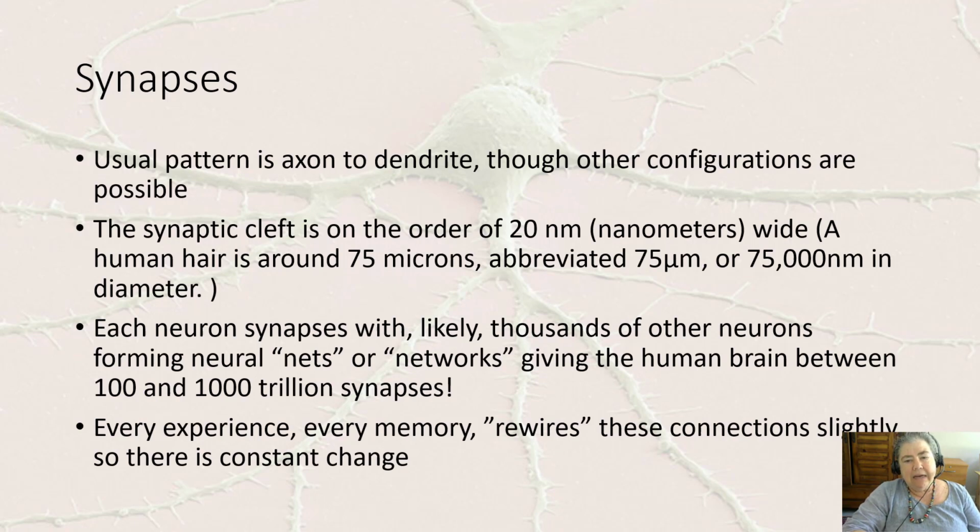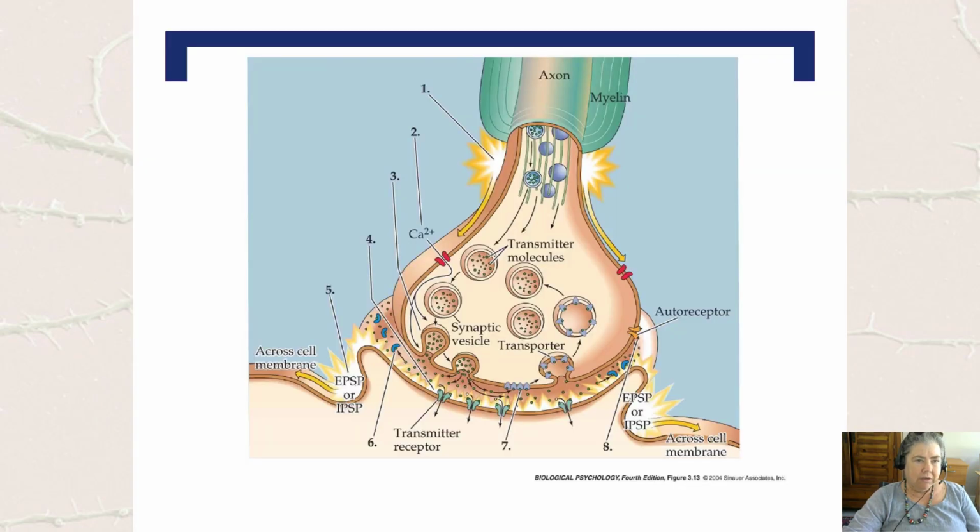It's estimated that the human brain has between 100 and 1,000 trillion synapses, and those synapses are constantly being edited, rewired. Every experience you have, every memory that you form results in some change in neural nets in synapses to allow the experience to go into memory. So there's constant change in these neural nets.